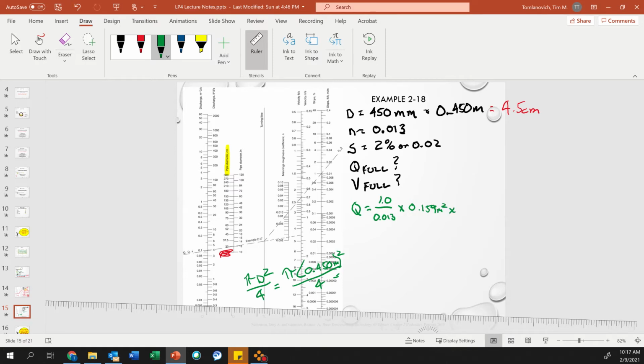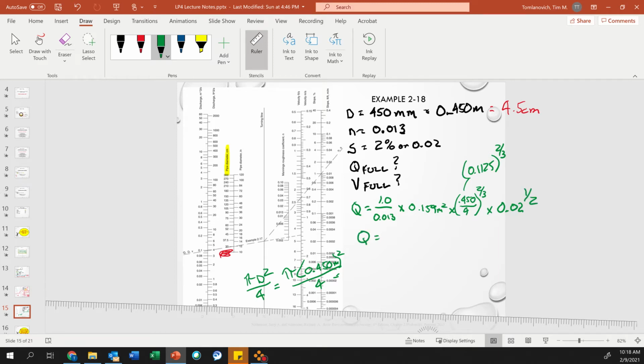Times d over 4, that is 0.450 divided by 4, which is 0.1125, and we raise that to the 2/3 because the pipe is full. Times my slope, 0.02, it can't be in percent, it has to be in unitless decimal form, raised to the 1/2.